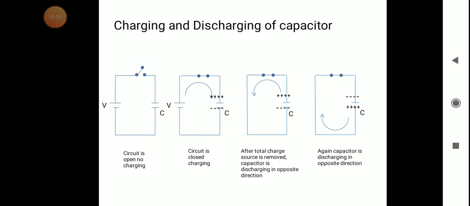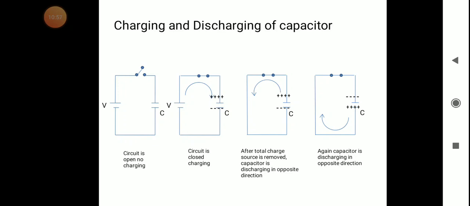Now in this diagram, we remove the source. After removing the source, the stored capacitor tries to discharge the energy in the reverse direction. Again, the capacitor is discharging in the opposite direction.